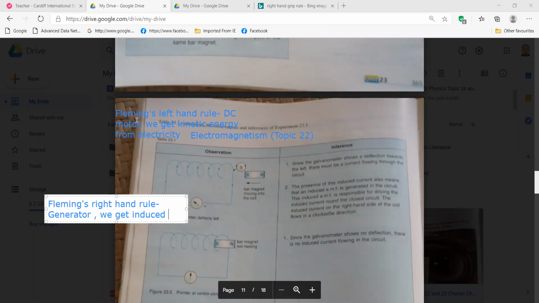So you check, it's written. Yeah, write it please. Fleming's right hand rule we are using in generator. We get induced EMF or current from kinetic energy.